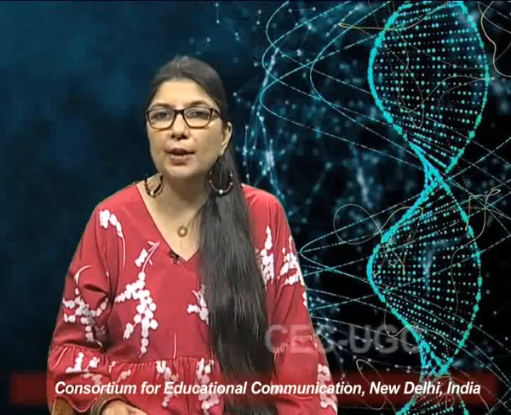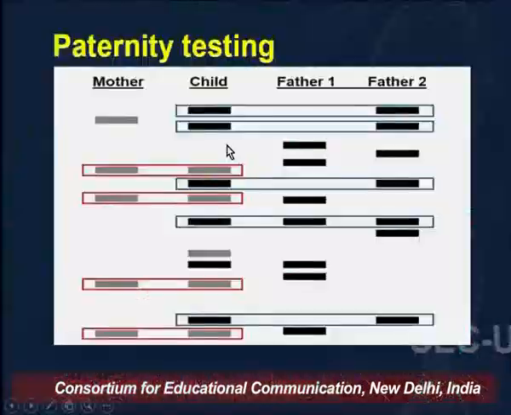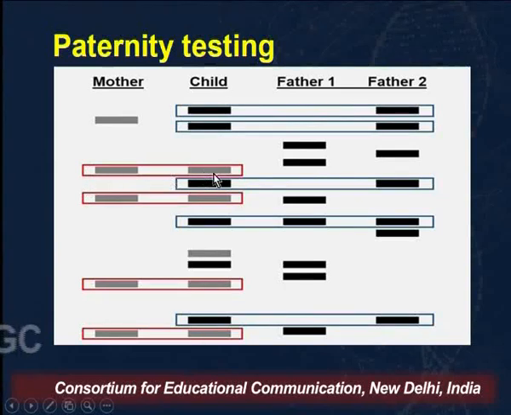If you now compare the pattern of the child with the mother, you can see there are bands corresponding to the mother's pattern, and quite distinctively you can see that many of the bands of the child pattern are similar to the bands found in father 2, but not in father 1. Father 1 also has one band which is identical, but the pattern is quite distinct.